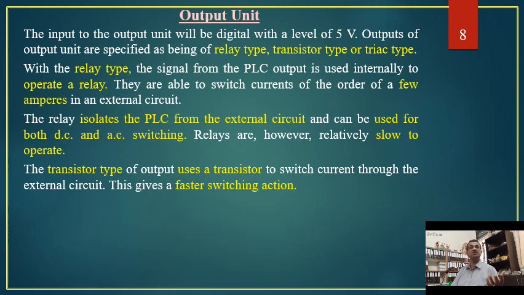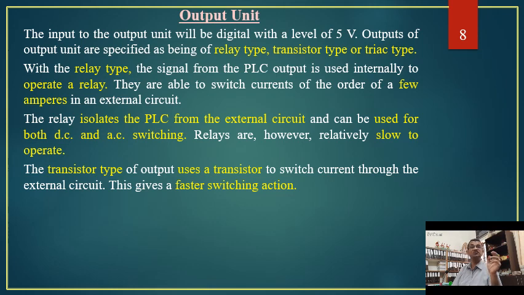And we already know that transistors and triacs are nothing but switches, including a diode. A diode also acts like a switch. A transistor also acts like a switch. One of the functions of a transistor is as a switch. So a relay is also nothing but a switch. So if we replace the relay with a proper transistor or a triac, then the job which is otherwise done by the relay will be done by the transistor.